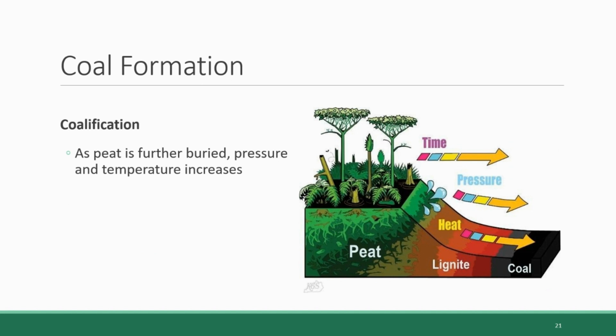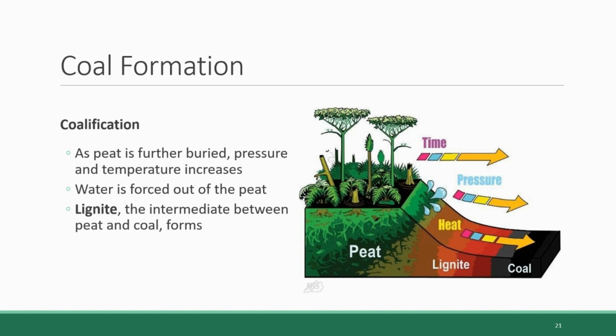And of course, the pressure and the temperature increase among those layers of peat, which forces out water and leads to the formation of a material called lignite, which is the intermediate between peat and true coal. Lignite is considered to be the lowest quality of coal because it is high in moisture and contaminants.